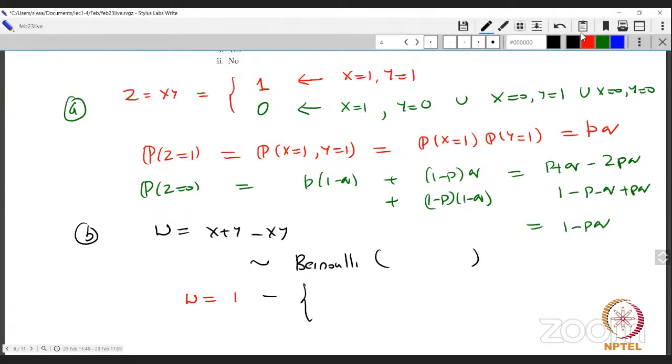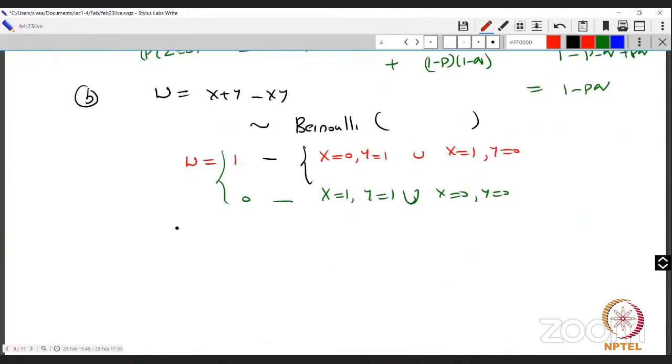Check. Let's say when X is 0 and Y is 1, or X is 1 and Y is 0. Right? W is 0 in every case when X is 1, Y is 1, and when X is 0 and Y is 0. Very good.